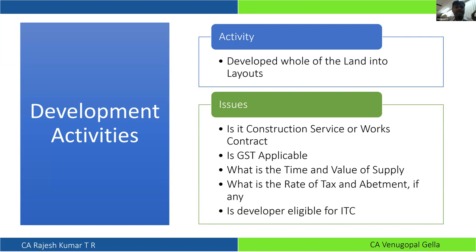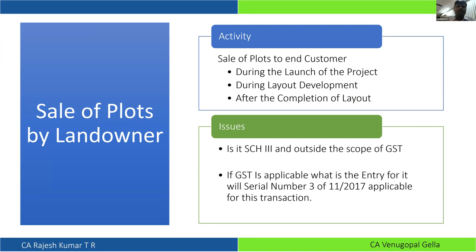When the landowner is engaging a third party on a principal to principal basis, paying a lump sum to the developer, and the developer is going to charge the works contract bill, and this landowner will be selling the plots to the end customer during the course of construction and after the layout, again it will be grossly Schedule 3, and doesn't fit under serial number 3 of 11/2017. There cannot be levy in my view.